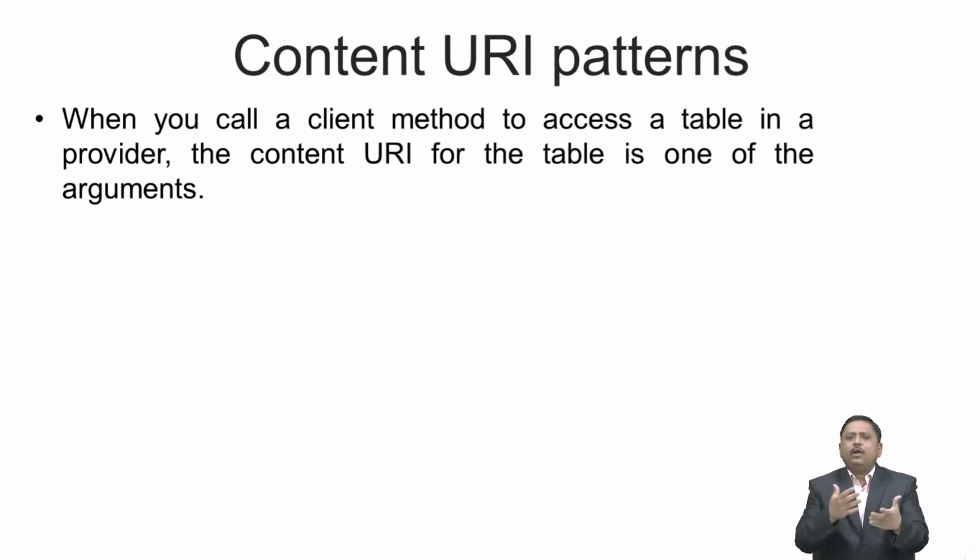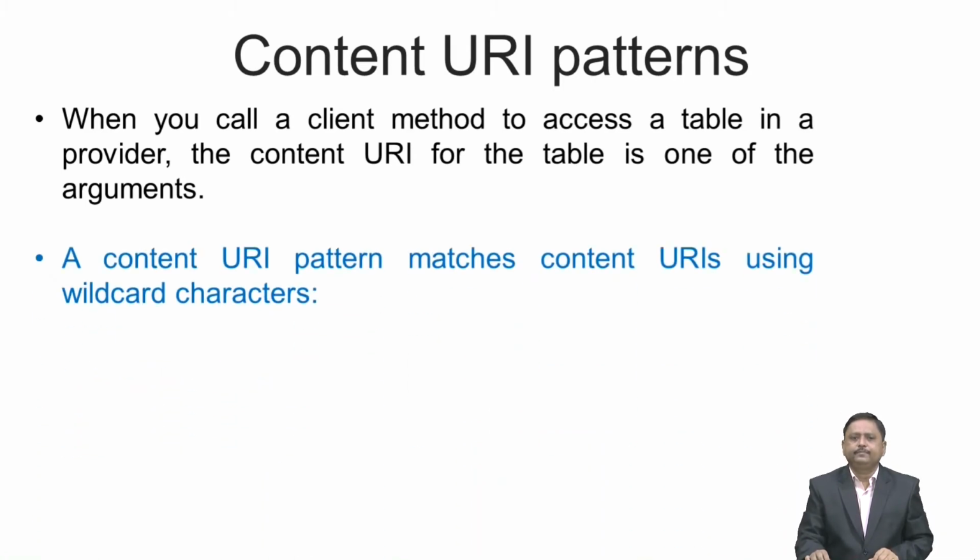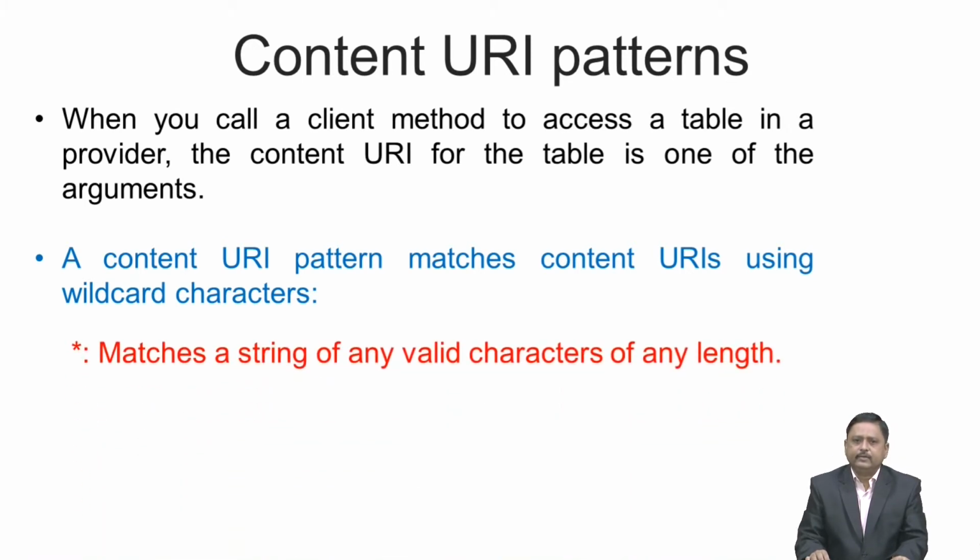Let us clear this with some examples. When you call a client method to access a table in a provider, like an SQLite database, a content provider also stores information in the form of tables. So when you call a client method to access a table in a provider, the content URI for the table is one of the arguments. A content URI pattern matches content URIs using wildcard characters.